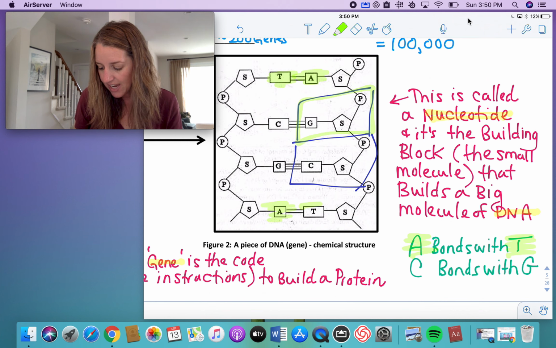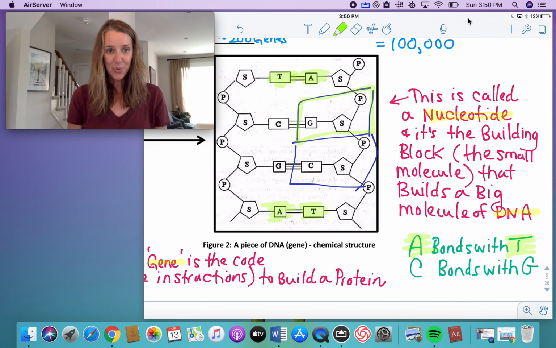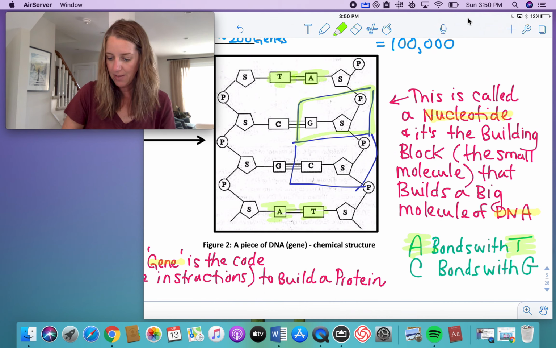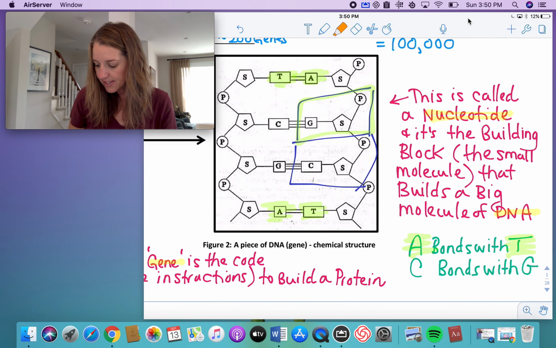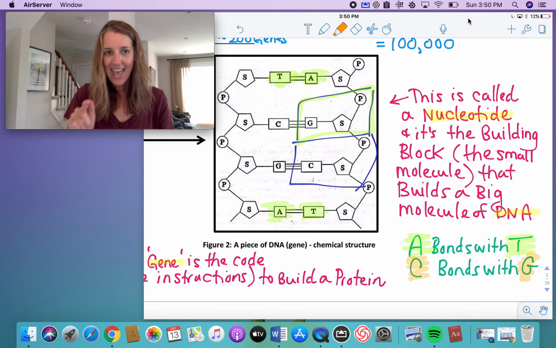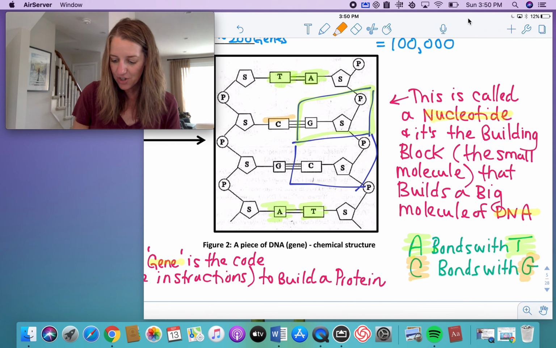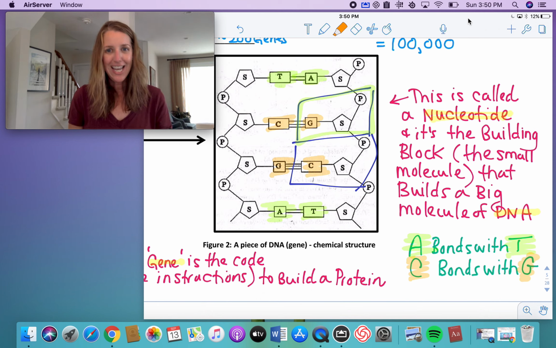There's another A, it bonds with a T. So the rule is that inside of a DNA molecule, A's bond with T's and C bonds with G. Okay, do you remember what those letters stood for again? Okay, cytosine, guanine, adenine, and thymine. And so you can see on your diagram here too, C's bond with G's, C's bond with G's, and A's bond with T's. And that's all we need to remember at the grade 10 level for what that DNA structure looks like.